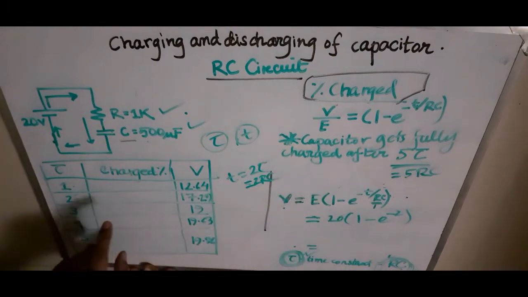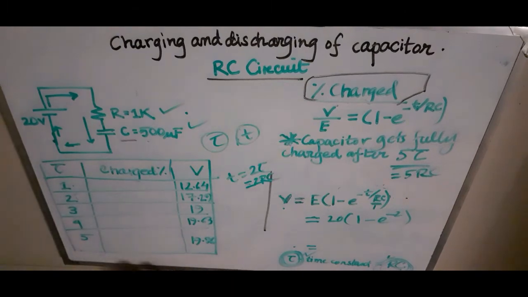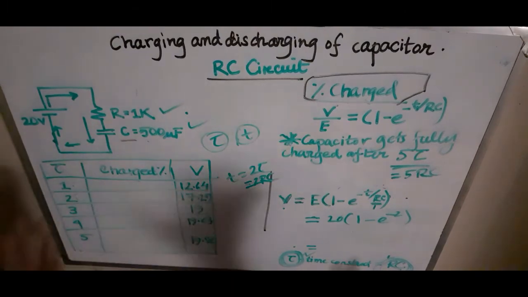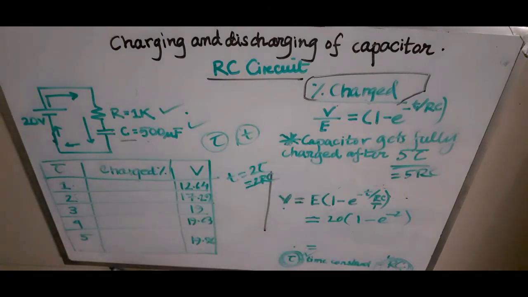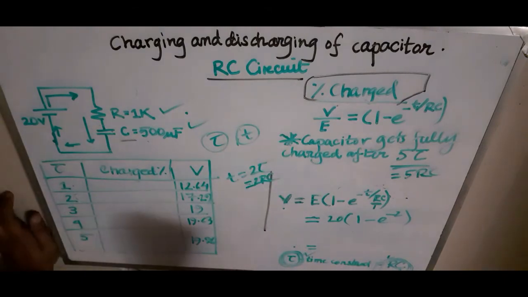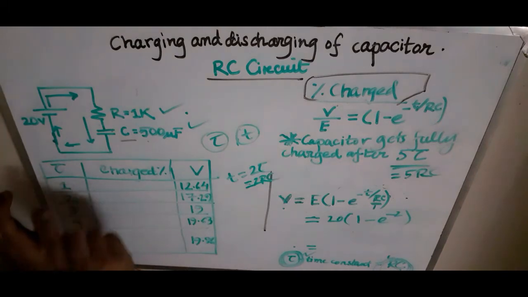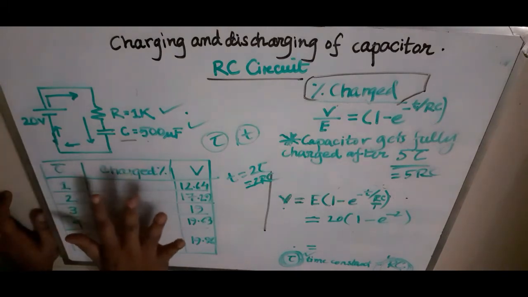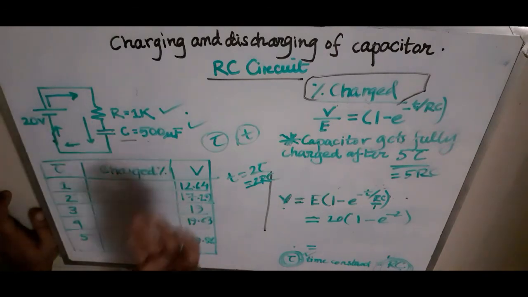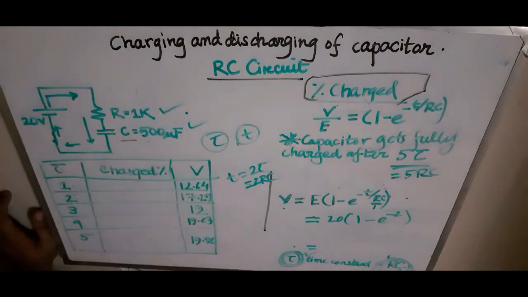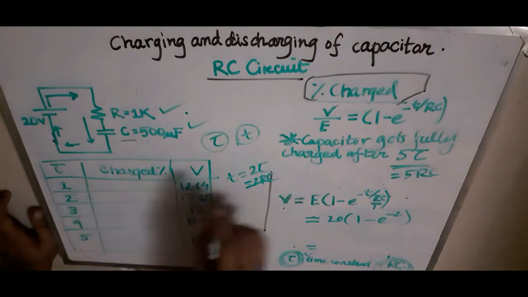So what about this one? After one time constant, how much percentage is the capacitor charged? How can we do that? It can easily be done using this formula.